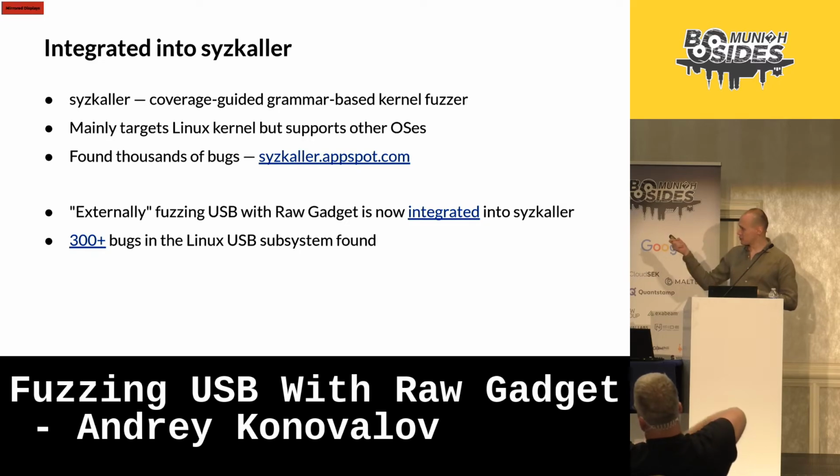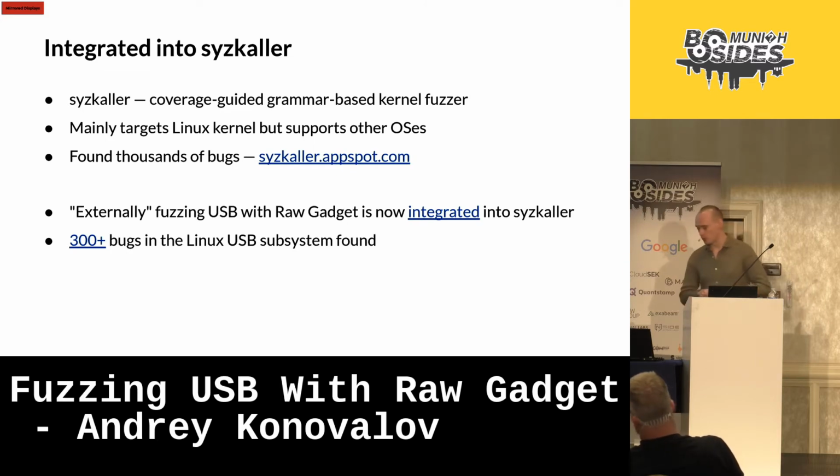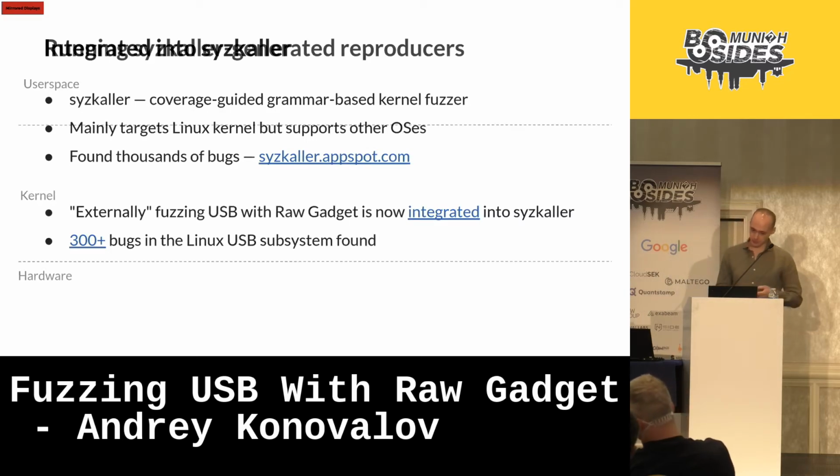There are 300 bugs, and these bugs affect some of the drivers, but not all of these drivers are present on an actual Linux, for example, in Ubuntu. And when it comes to Android, Android also restricts the set of enabled drivers severely. So maybe only a few of the bugs actually affect Android, but for the ones that do, I failed to find a way to exploit them, at least so far.